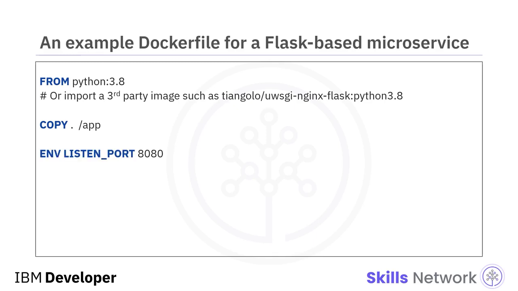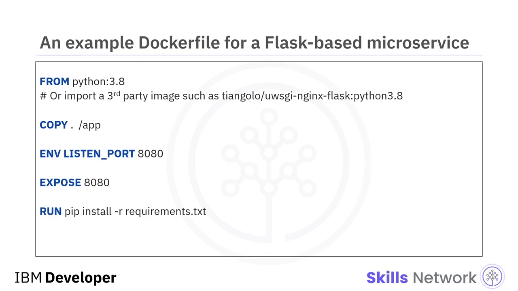You can use the ENV instruction to set the environment variable. Here you set the listen port to be 8080, meaning the container made from this image will listen on port 8080. The EXPOSE keyword in a Docker file indicates to Docker that a container listens for traffic on the 8080, and the RUN instruction executes commands.